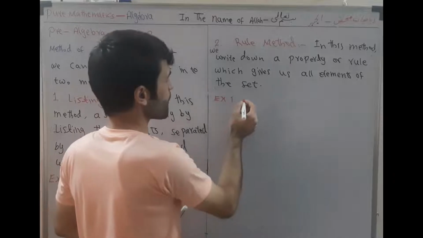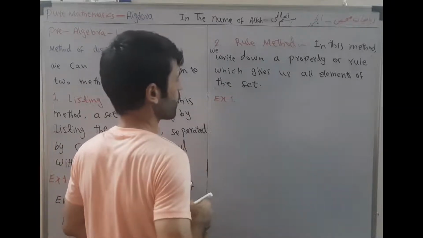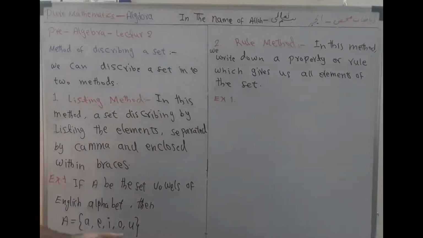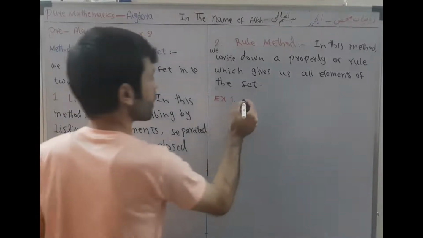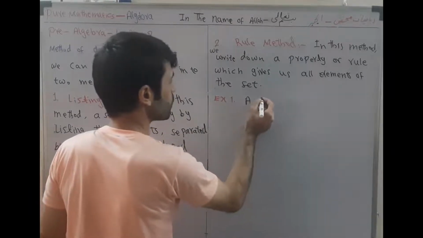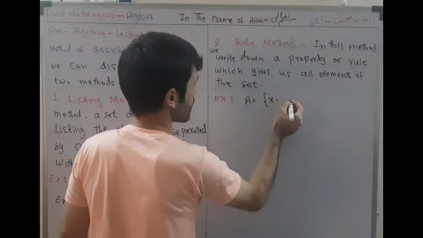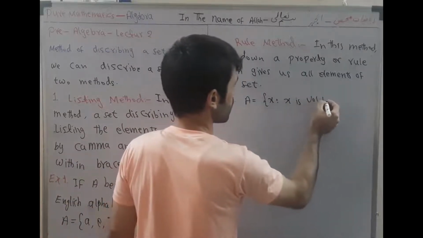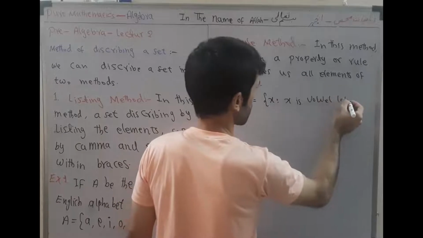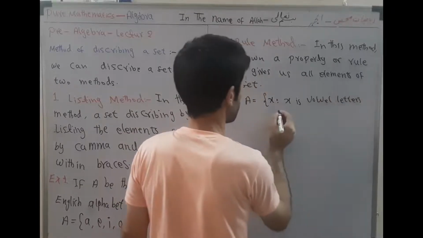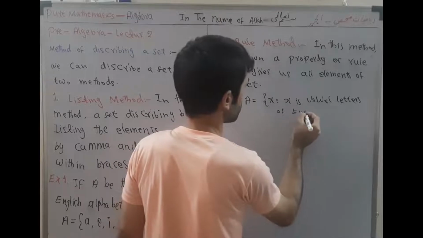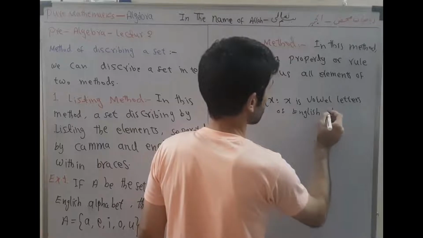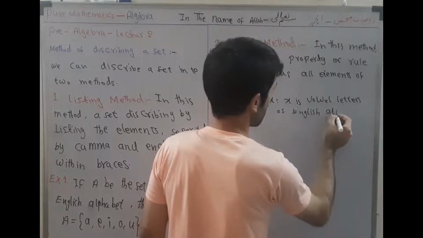Example 1. Here we listed the elements. Now we can write A is equal to {x such that x is a vowel letter of English alphabet}.